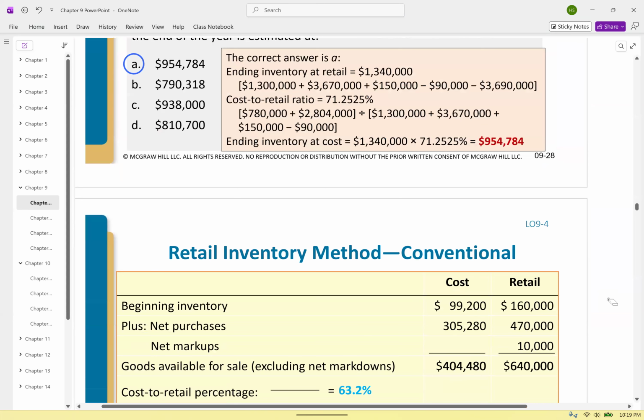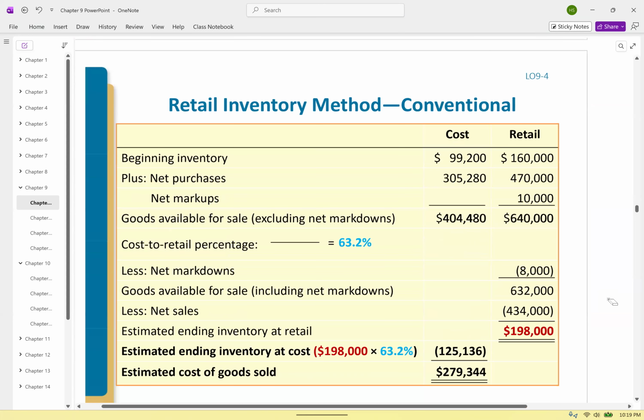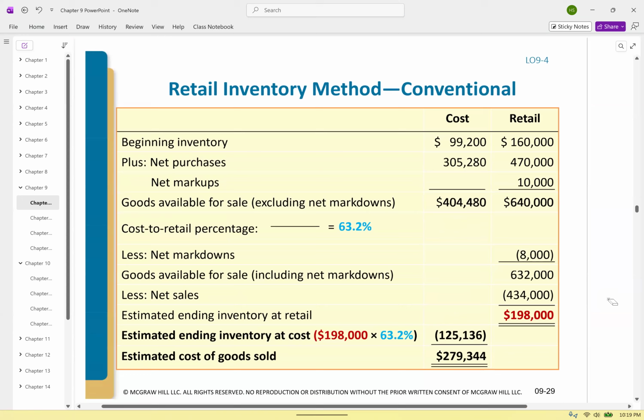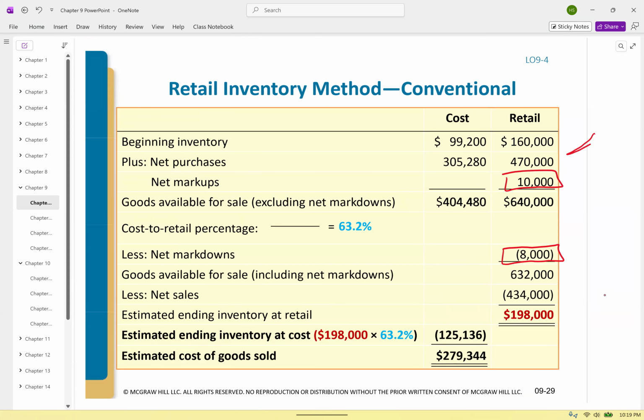Okay, now we're going to do the conventional method. The big difference here is where the markdowns are. The markdowns did not go up here. They were up there, and so now your percentage is going to be a little different. It's not a lot different, but it's different enough to make a little bit of difference. Does not to me look like it would be a material difference.